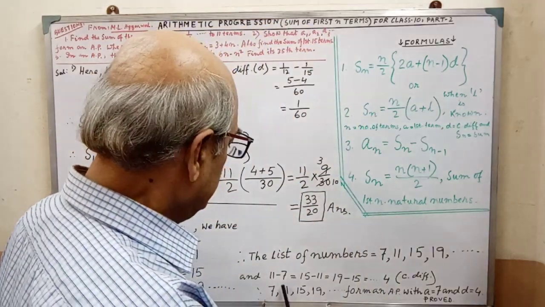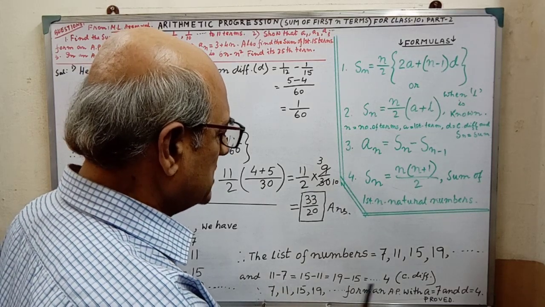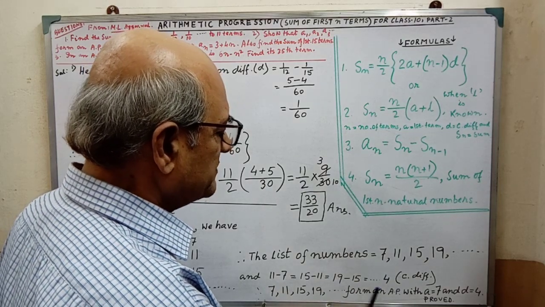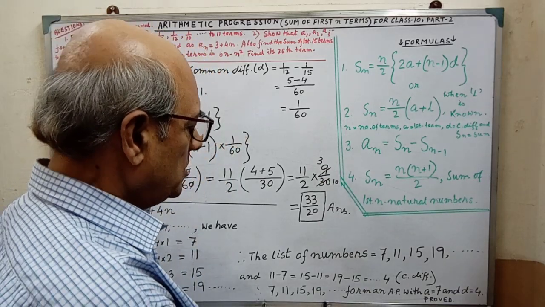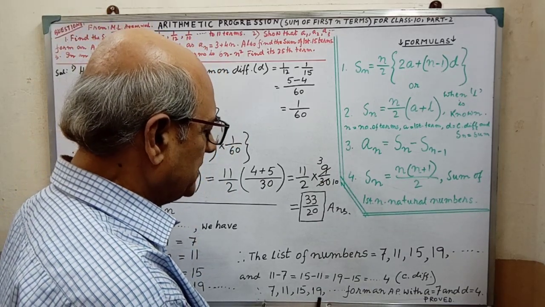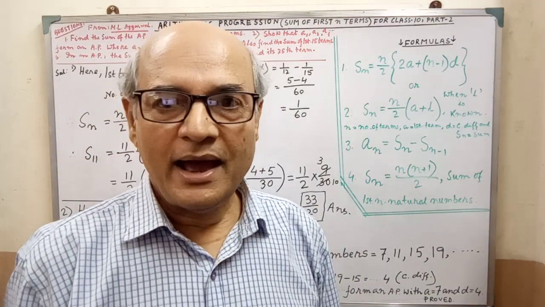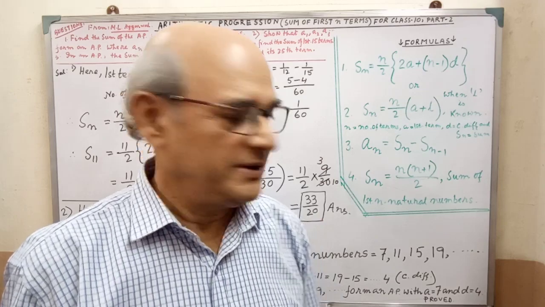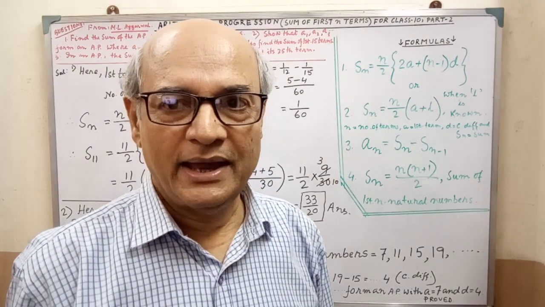See, let us see. 11 minus 7, that is 4. 15 minus 11, that is 4. 19 minus 15, that is also 4. This is the common difference. So 7, 11, 15, 19 form an AP with A equal to 7 and common difference equal to 4. Proved. This is forming an AP.